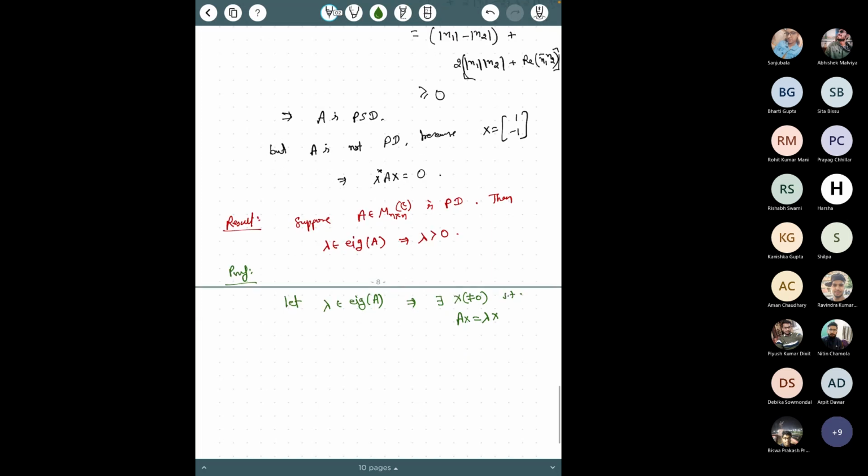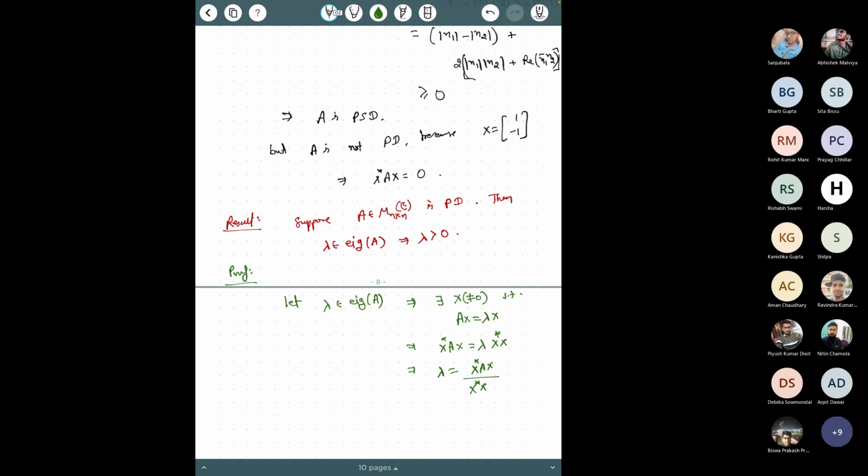Now what can I do from here? Apply x star on the left side of both sides. Then it would be x star Ax is equal to lambda times x star x. So this implies that lambda is equal to x star Ax divided by x star x. Can we say from here that lambda is greater than 0?